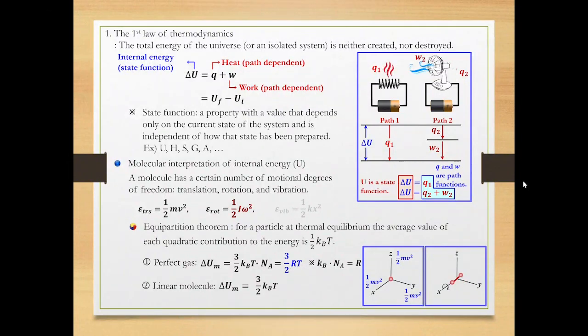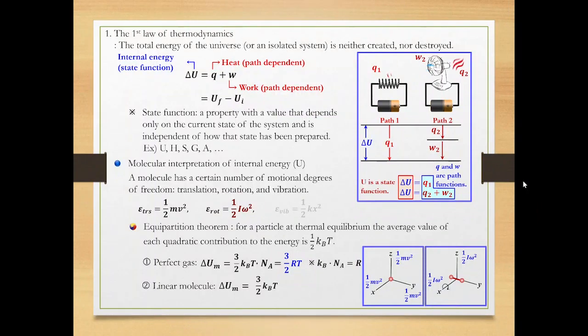However, rotating the molecule around the x-axis brings about the positional change of the atoms of the molecule. The motional energy that is associated with the rotation is represented by 1/2 I omega squared. For the same reason, the motional energy that is associated with the rotation around the z-axis is also 1/2 I omega squared.